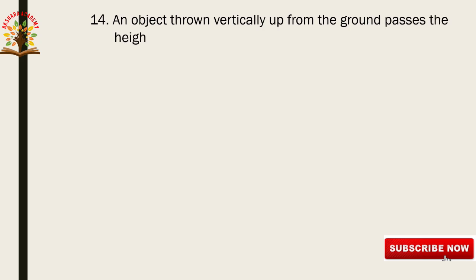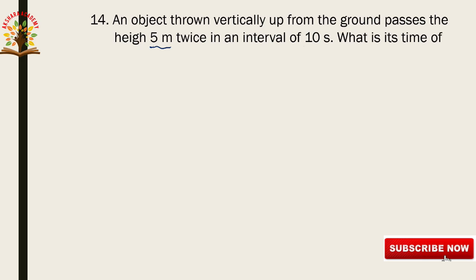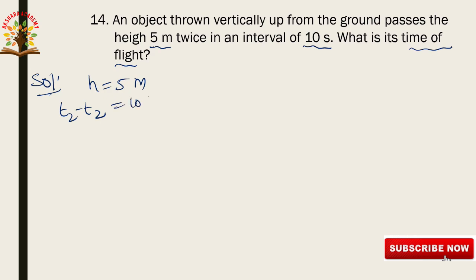14th one. An object thrown vertically up from the ground passes the height 5 meters twice in an interval of 10 seconds. What is its time of flight? Here we have to calculate the time of flight. Let us go to the solution. h they given as 5 meters and they given t2 minus t1 is equal to 10 seconds.